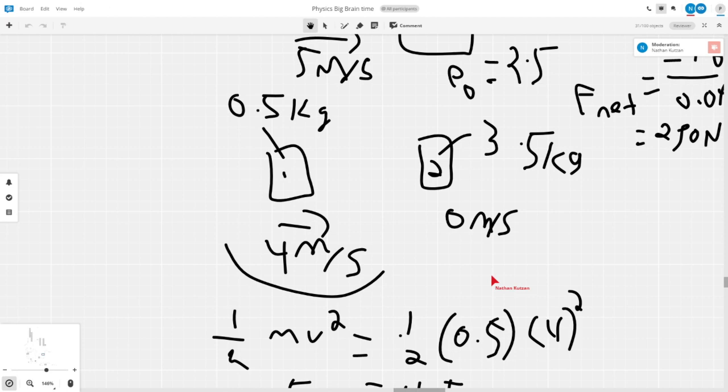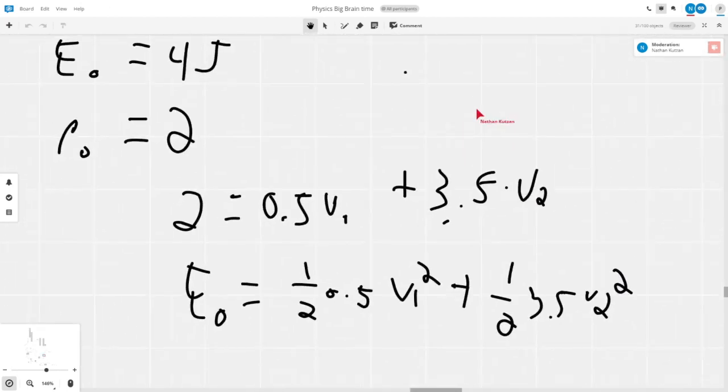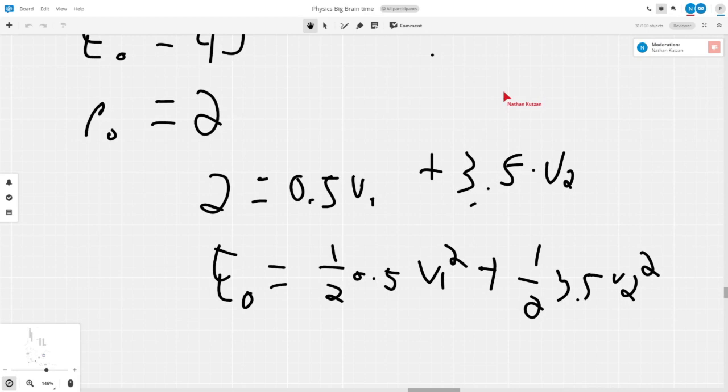The only reason you know about kinetic energy in this one is because it was said that it's completely elastic. In any elastic collision, energy is conserved, so energy is the same before and after. It's not an equation you use. It's just saying I have x here and x there, and I can set them equal to each other.